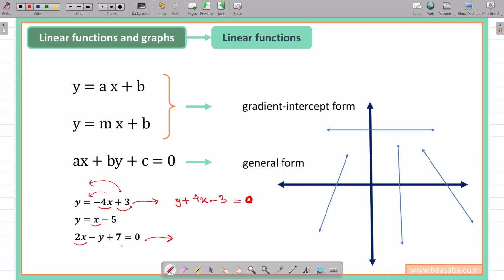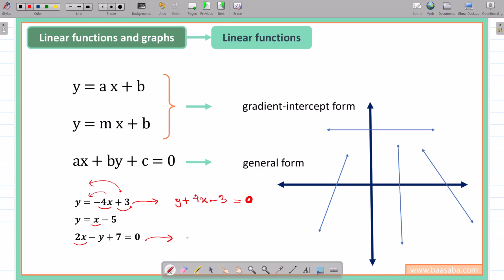Here, I want to transform this general form into gradient intercept form. What is our clue here? We have to isolate y on one side of the equation. Okay, I want to keep y on this side and move the other terms to the other side. Or you can keep all the terms here and move y to the other side.